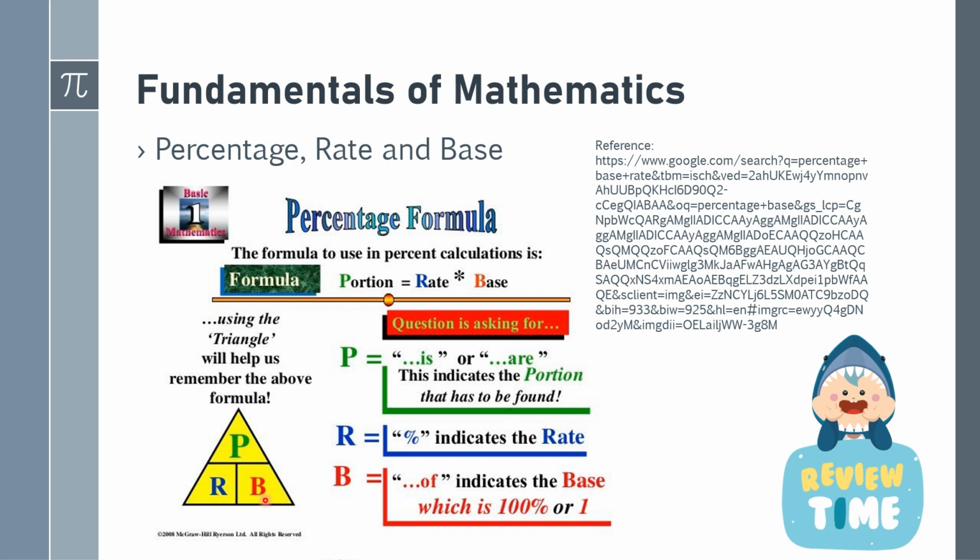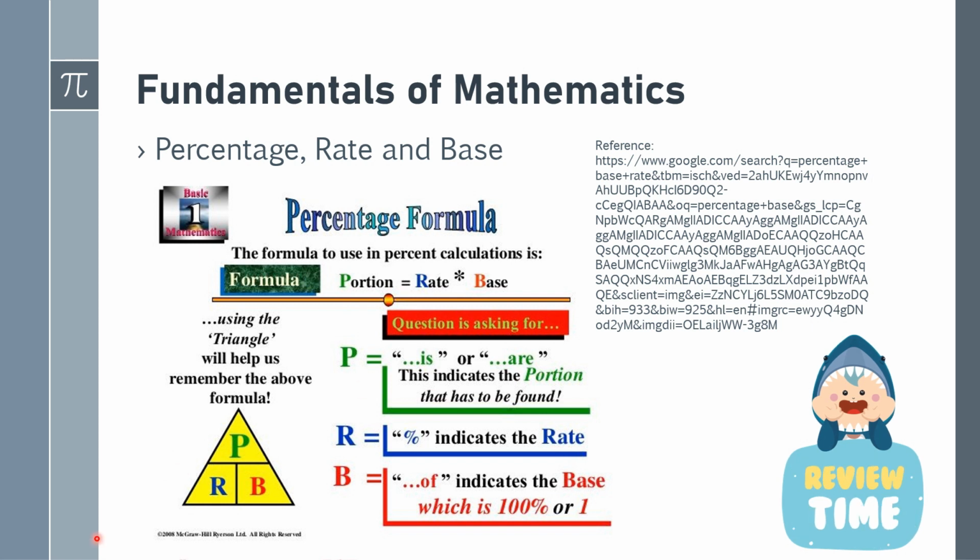Okay? So, kapag hinahanap mo naman si B, takpan mo lang si B, gagawin mo naman, i-divide mo P over R. Okay? Ganon din kay R. Pag hinahanap mo naman si R, i-divide mo P over B. So, that's how you identify the formula in percentage, rate, and base.